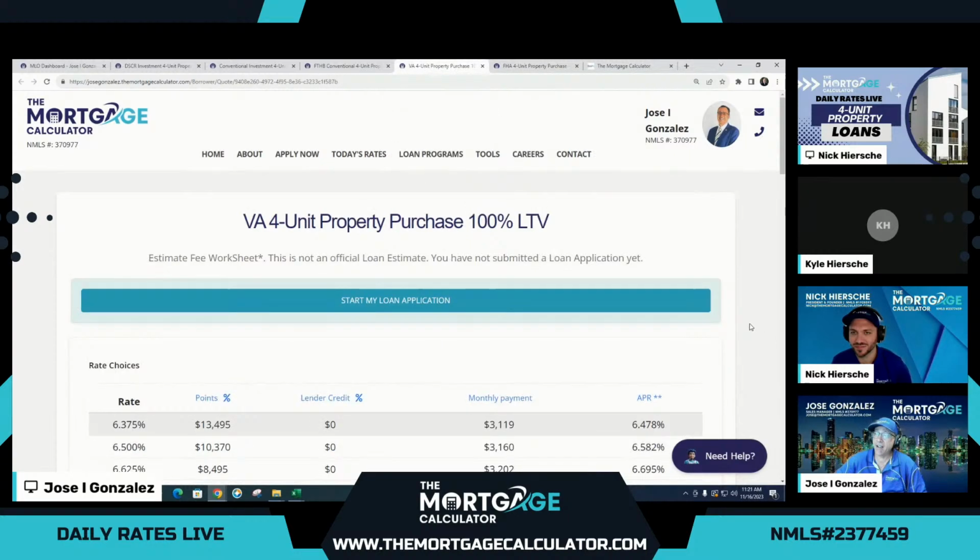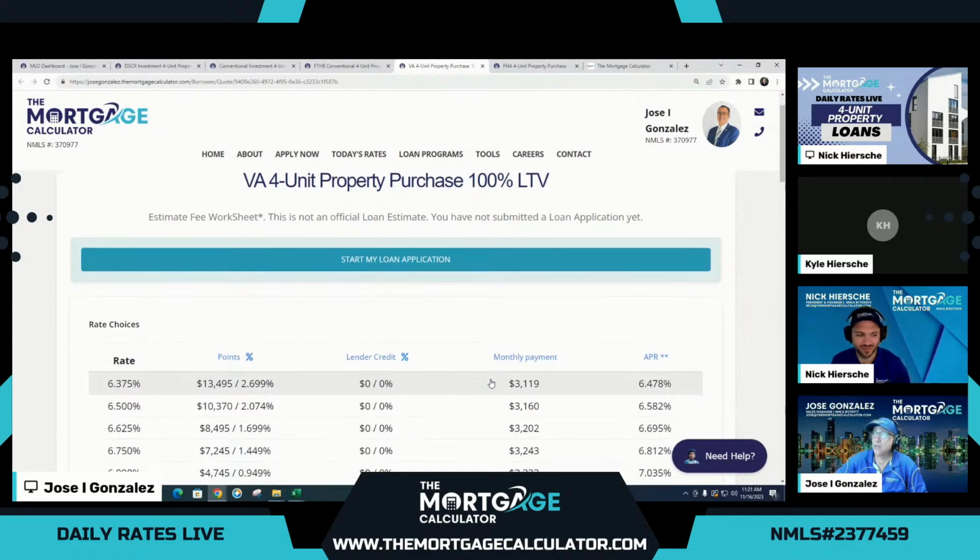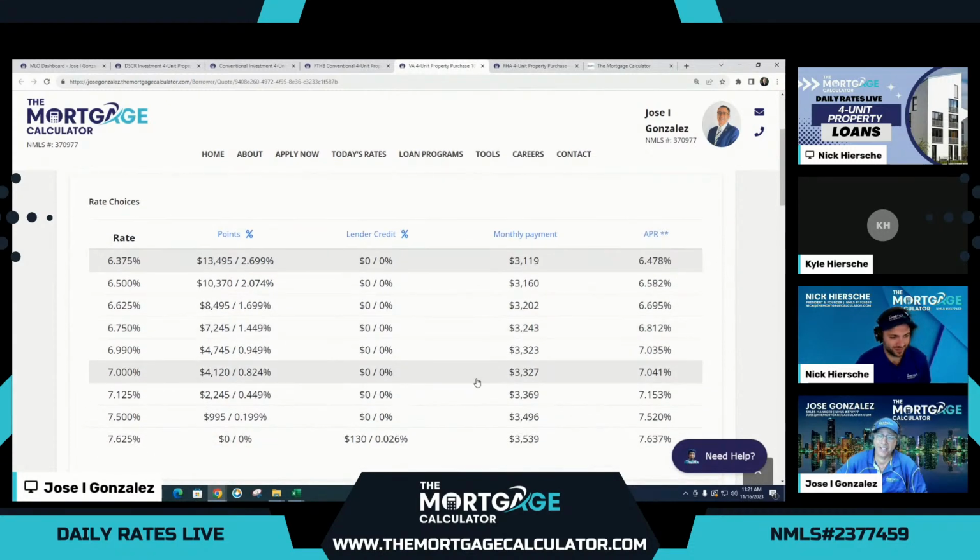So VA offers us an option as well for 100% VA. Wow, look at that. So 7.625 actually with a little bit of a lender credit, and you can buy that down to 6.375%.